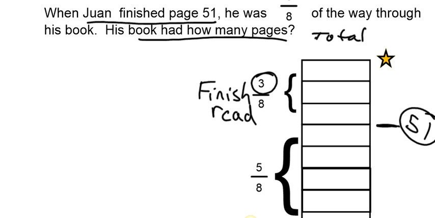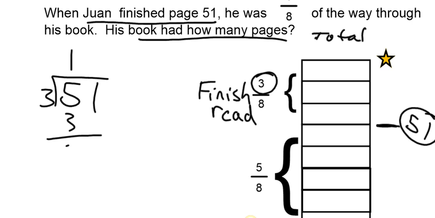It's divided into 3 parts, 3 of the 8 parts. So 51 can be divided by 3, and by dividing that by 3, we should come away with the number of pages he reads in 1/8 of the book. 3 goes in 17 times, so we get an answer of 17.